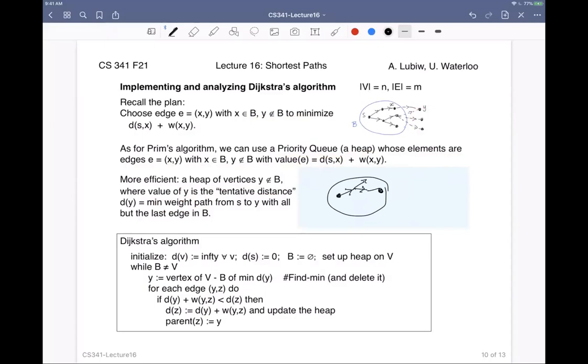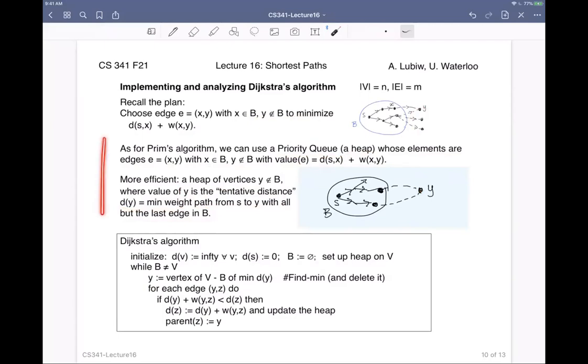So I will compare, for any vertex Y outside B, all the possible ways that I could travel from S inside the set B to some vertex in B using the shortest path, and then take one edge stepping outside. So this is the definition of D of Y that I store alongside the vertex Y and use as my key values in the heap.